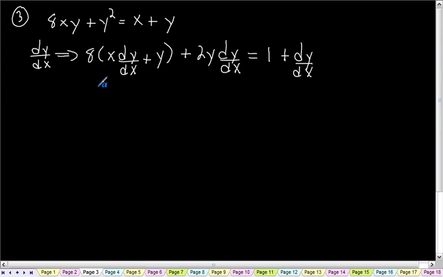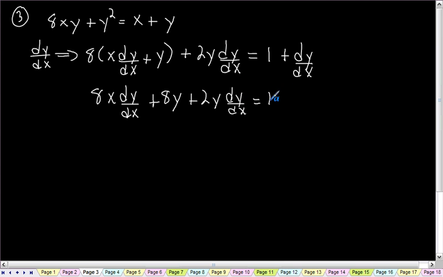I'm going to distribute this 8. That's 8x dy/dx, plus 8y, plus 2y dy/dx, equal to 1 plus dy/dx. Move all the dy/dx's to one side, everything else to the other side. So here I'm left with 8x dy/dx on that side.